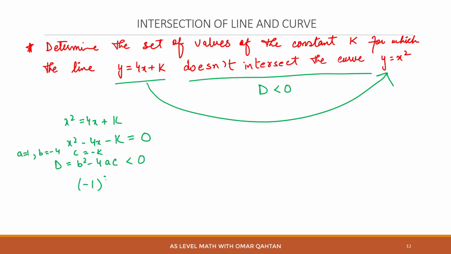So minus 4 whole square minus 4 times a times c, where c is minus k. So 16 plus 4k should be less than 0, and k is less than minus 4.